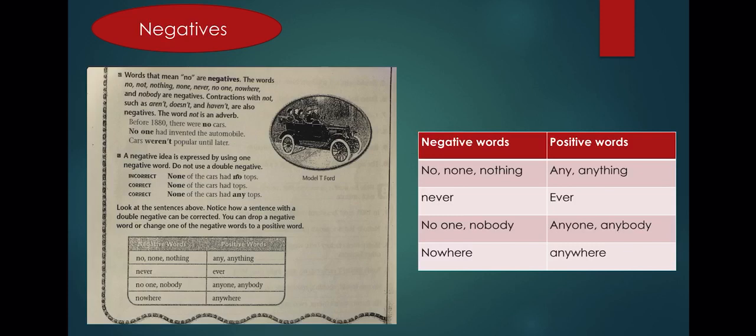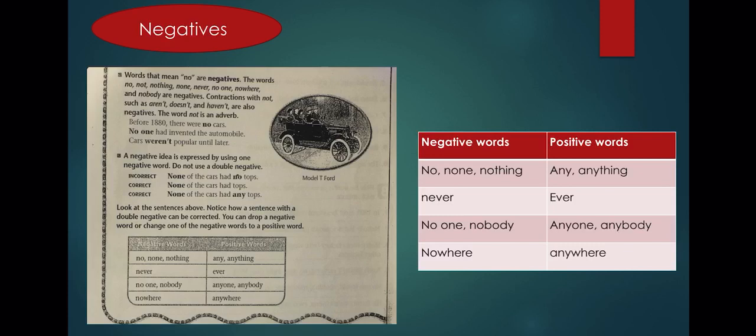You have here a table which tells you what the negative words and the positive words are. You should be familiar with them. The negative words are no, none, nothing, never, no one, nobody, and nowhere. The positive words are any, anything, ever, anyone, anybody, and anywhere.